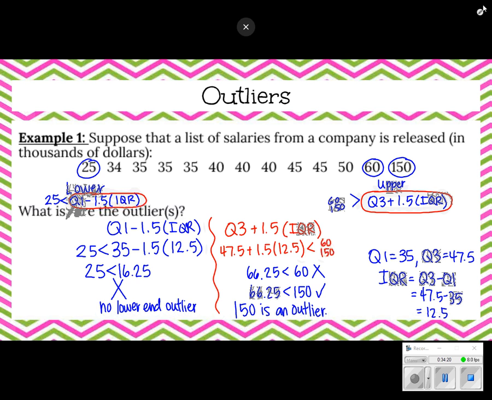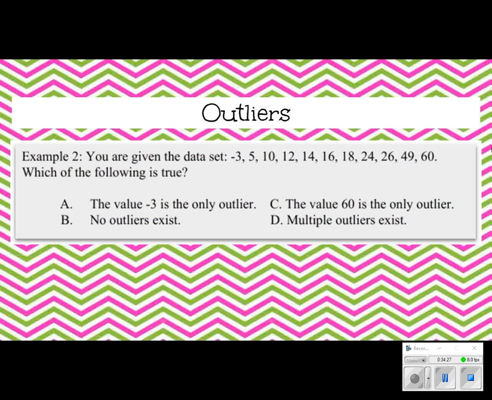All right, here's problem number 2 in the outliers part. You are given a data set, -3, 5, 10, 12, 14, 16, 18, 24, 26, 49, and 60. Which of the following is true?